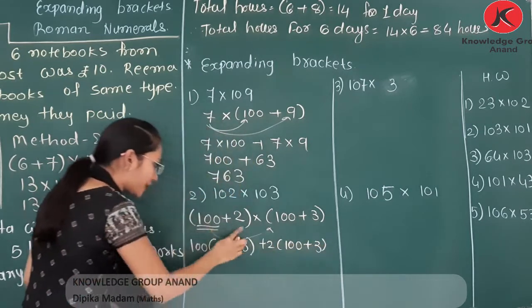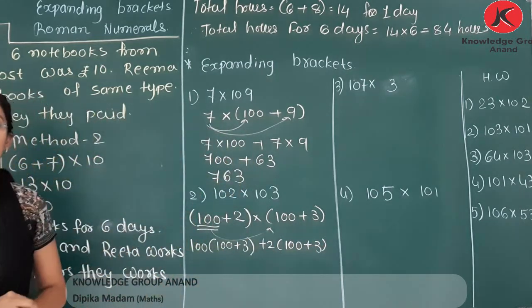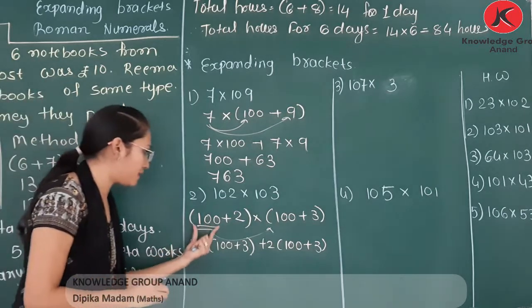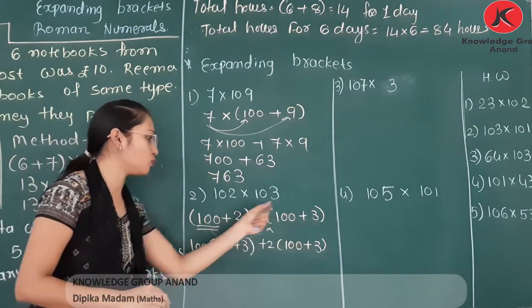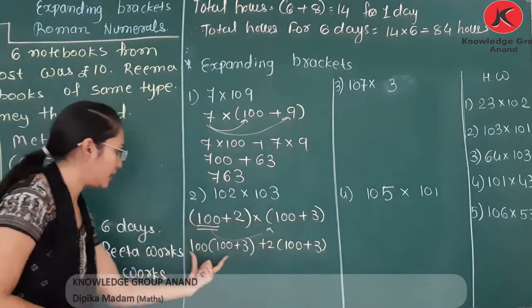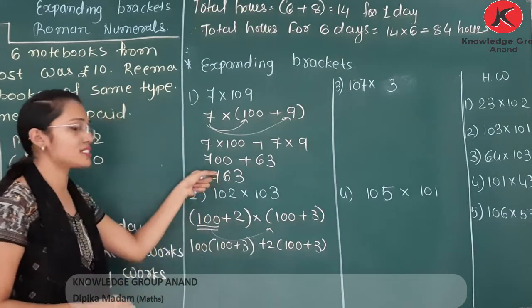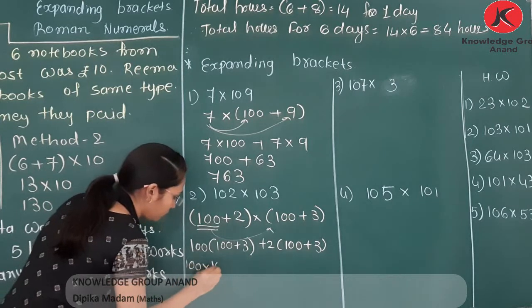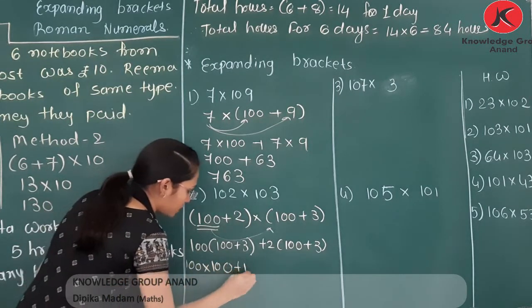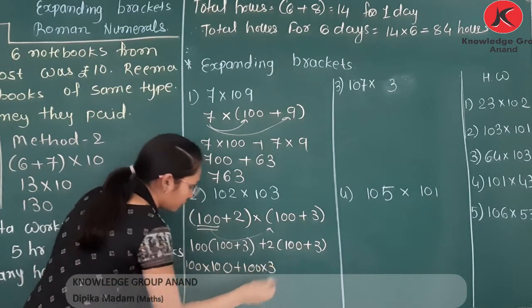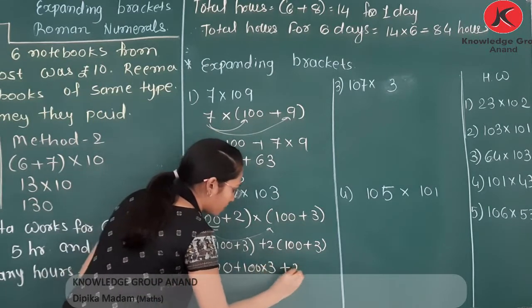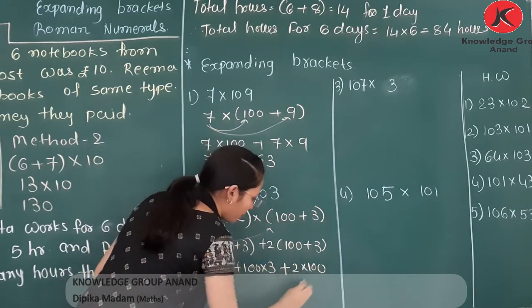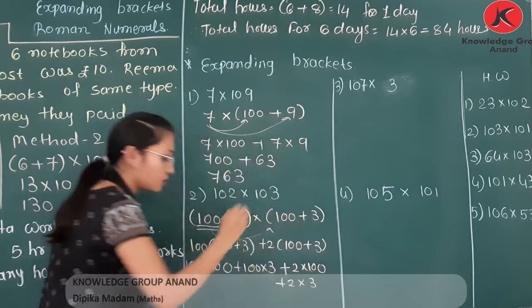Means the first bracket's both numbers are multiplied with the second bracket. 100 multiply with 100 plus 3 and 2 multiply 100 plus 3. Now again this is the same as the previous example. So 100 is multiplied with 100, 100 is multiplied with 3, plus 2 multiplied with 100, plus 2 multiplied with 3.